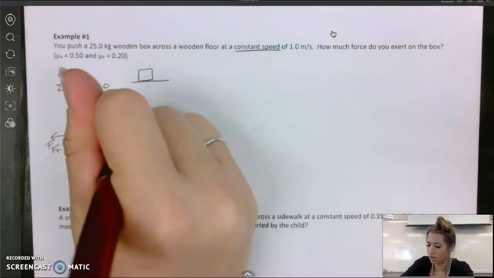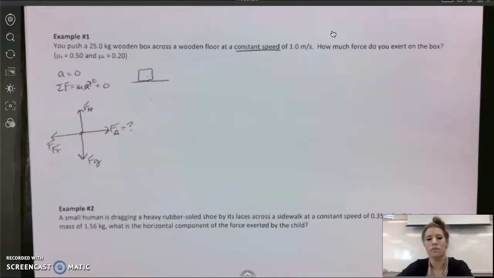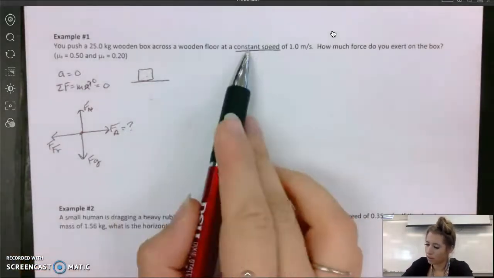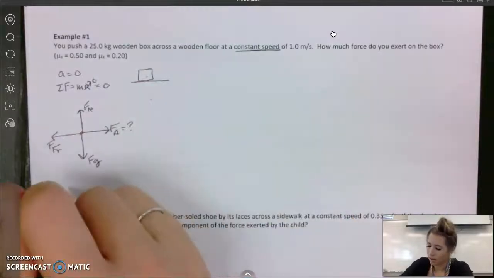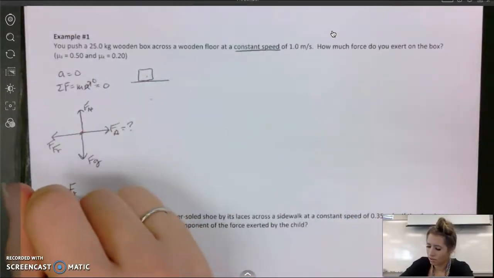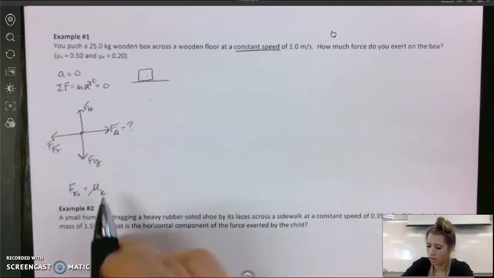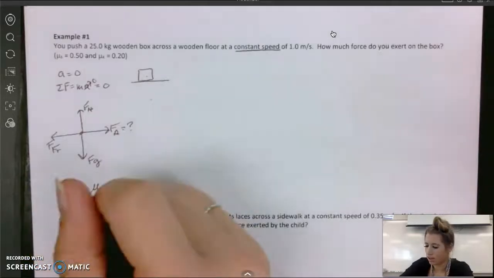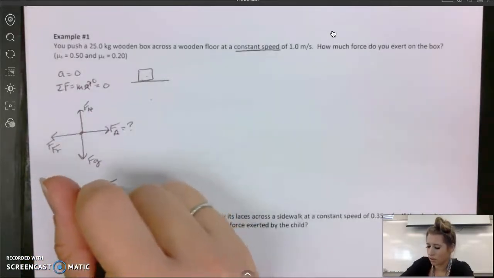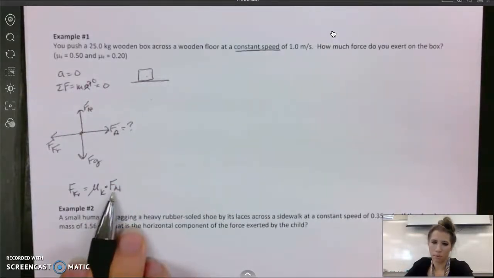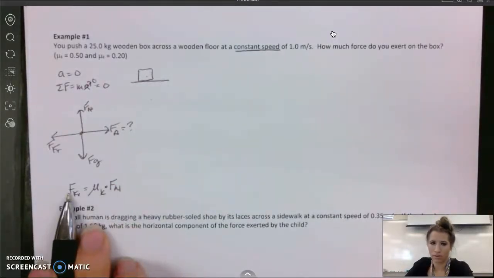So we want to know what the force applied is. Because we're dealing with friction and moving at constant speed, it'd be kinetic. The equation for kinetic friction is mu k, the coefficient of friction, multiplied by the normal force. So we need to know the normal force before we can figure out this frictional force.